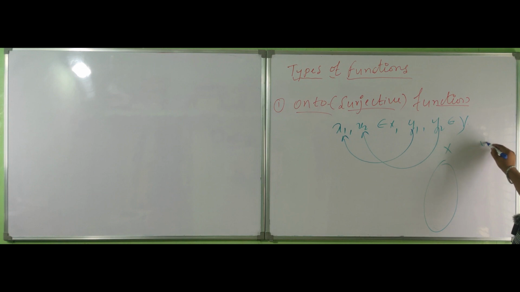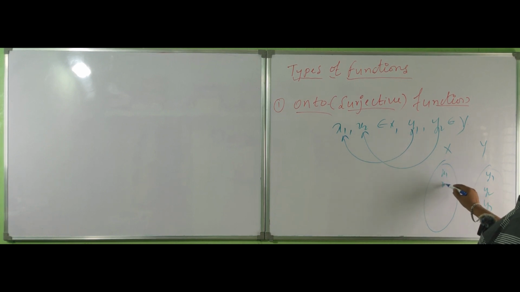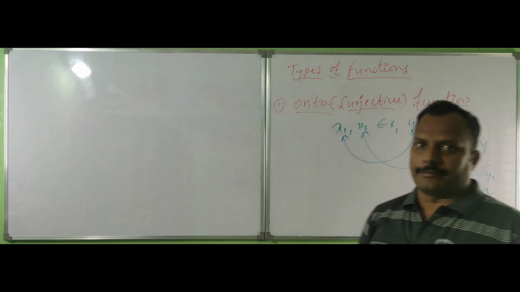Elements in y at least have images in x. This is y1, this is y2, this is y3, this is x1, this is x2, this is x3. It should be like this. If it does not have any element pointing to one of them, then it is not an onto function. Very important.